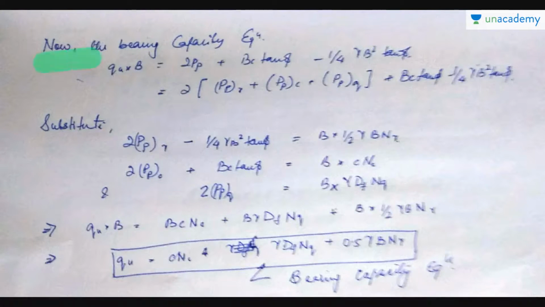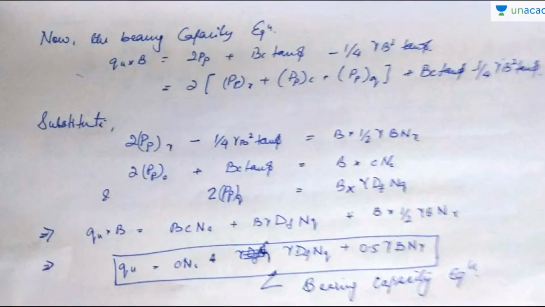Now the bearing capacity equation looks like this: QU cross B is equal to 2 PP plus BC tan phi minus 1 by 4 gamma B square tan phi. PP is replaced by this portion and the equation remains the same. And if you substitute, 2 PP gamma minus 1 by 4 gamma B square tan phi, divided by B, is taken as 1 by 2 gamma B N gamma.